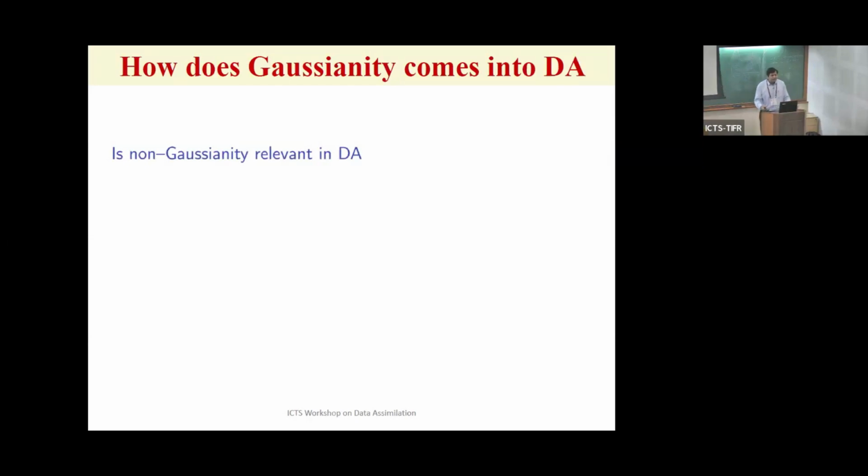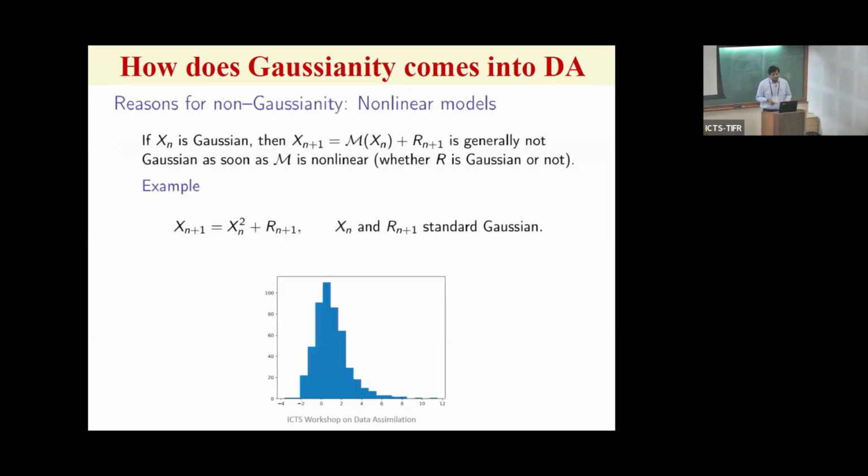The point is how we neglect the condition of Gaussianity in data assimilation. So how does non-Gaussian condition arise in the weather model? Suppose we have a model state x_{n+1}, which can be written in the form of a nonlinear model M(x_n) plus a random error term.